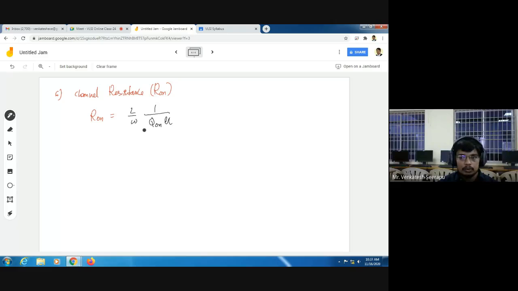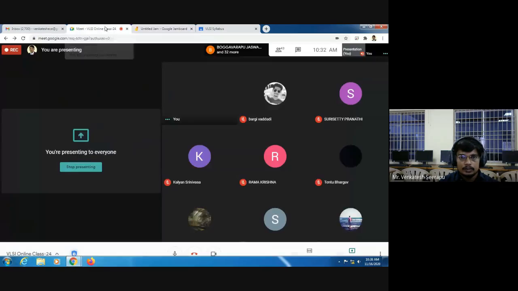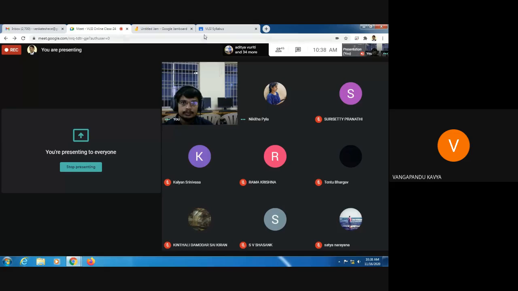So what is the scaling factor for L? Now all of you calculate the scaling factor for R on. What is the scaling factor for L? 1 by alpha.